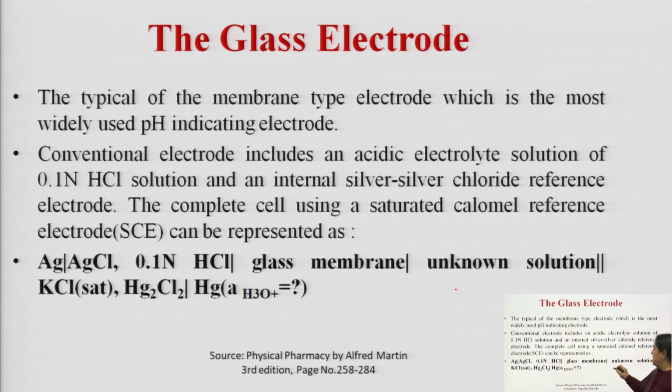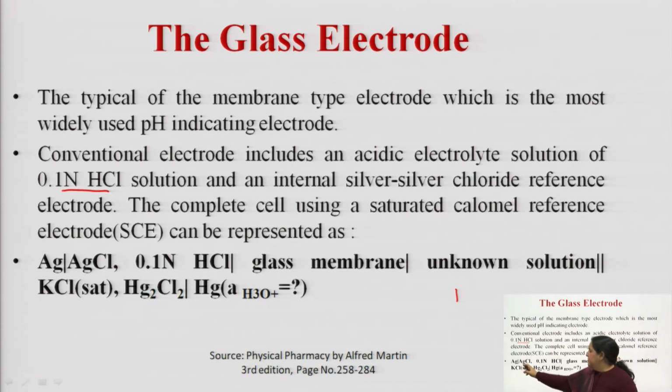So, this is the equation for the complete cell, right. In this one we have the source of hydrogen ions, this is 0.1 normal HCl solution which is present in the glass electrode. This is the source of hydrogen ion. So, how this concentration changes or modulates will determine the pH of the test solution. Right.